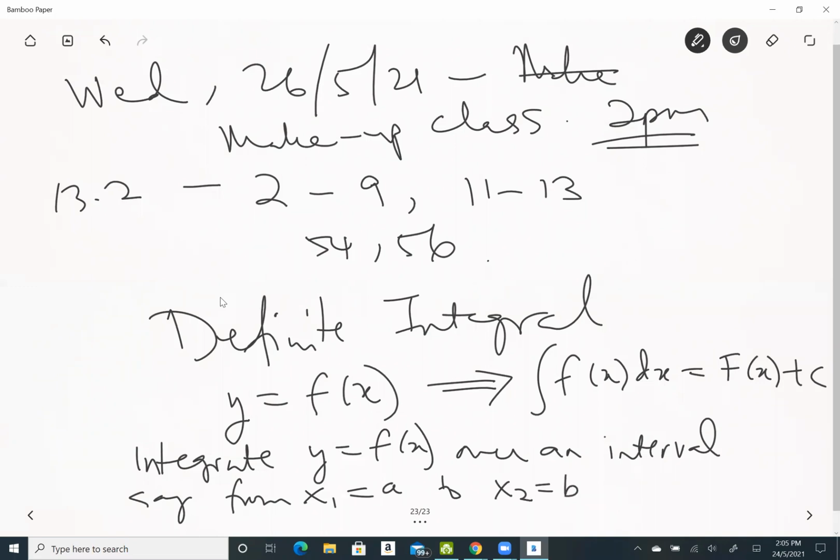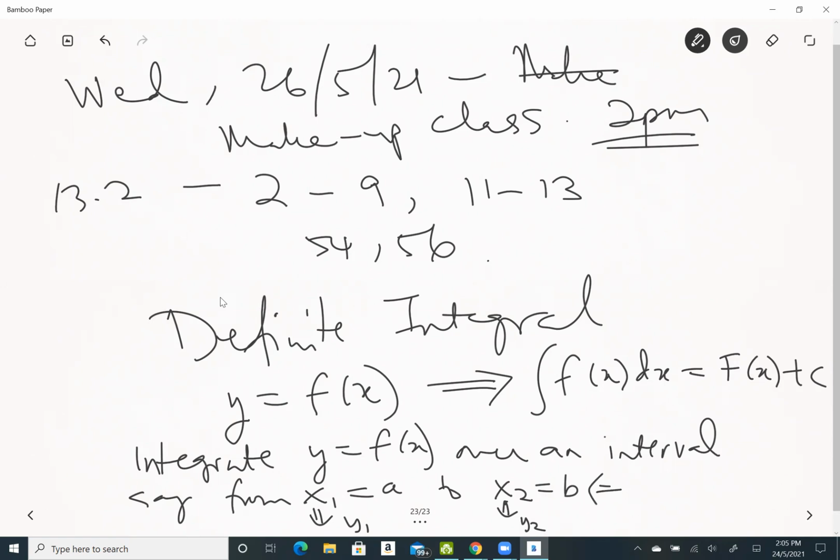The interval is for different values of x, and of course you can find the corresponding y values, y1 for x1 and y2 for x2. But to do the definite integral, all you need is the value of x.